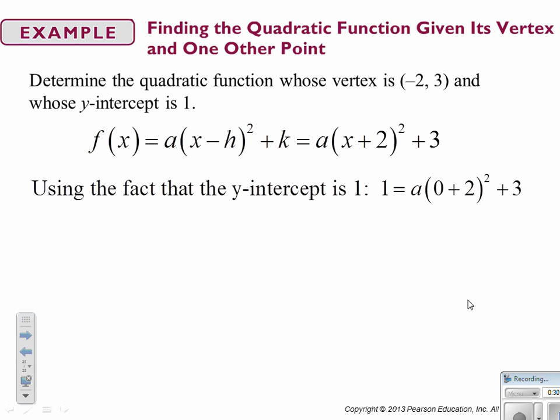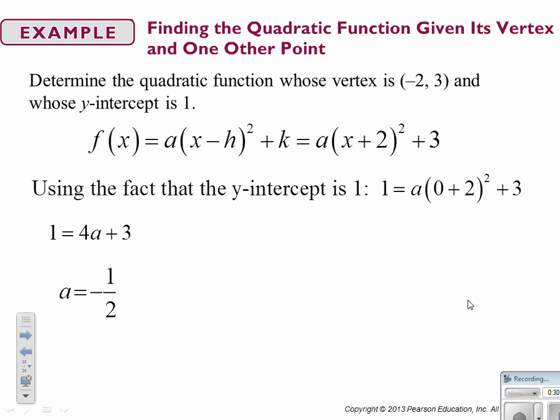So I've got 1 equals a times 0 plus 2 squared plus 3, because I'm plugging in my point so I can find out what my a value is. So I get 1 equals 4a plus 3. Subtract 3 from both sides and divide by 4.